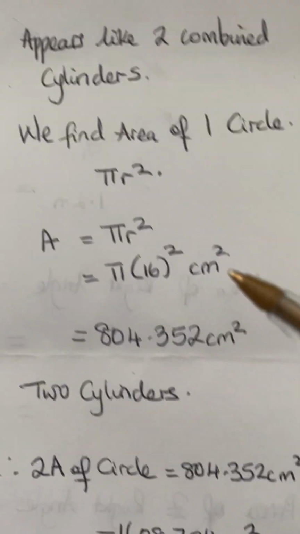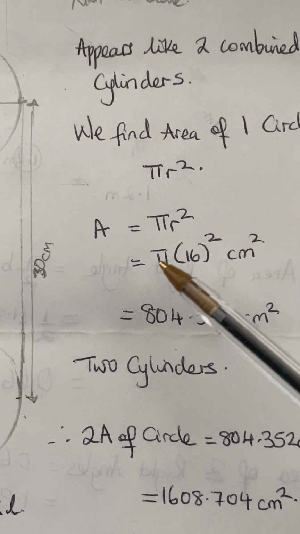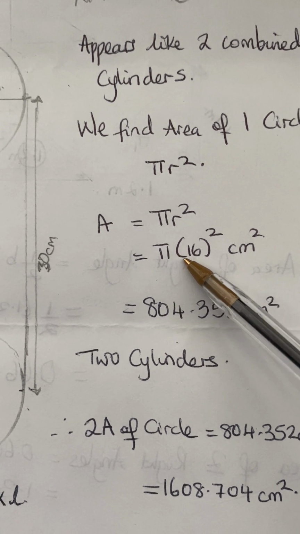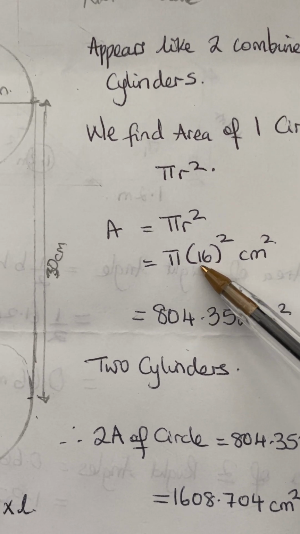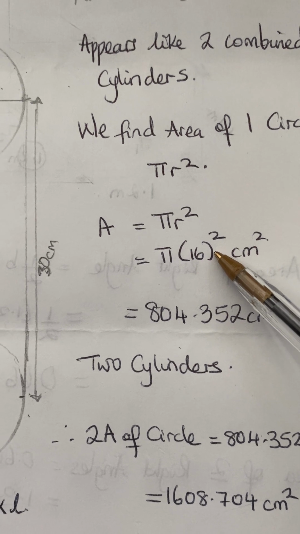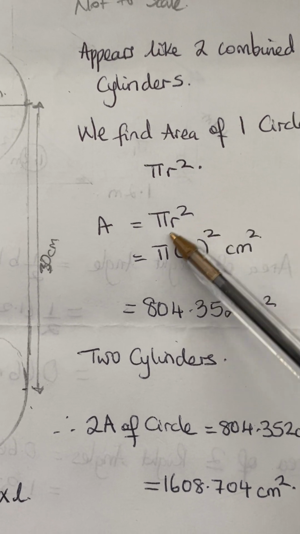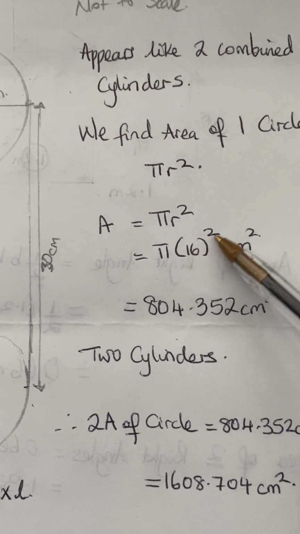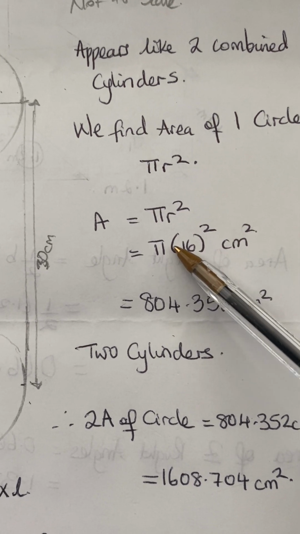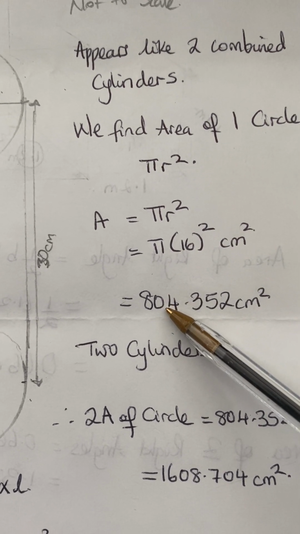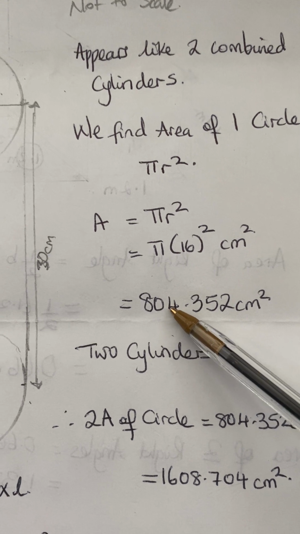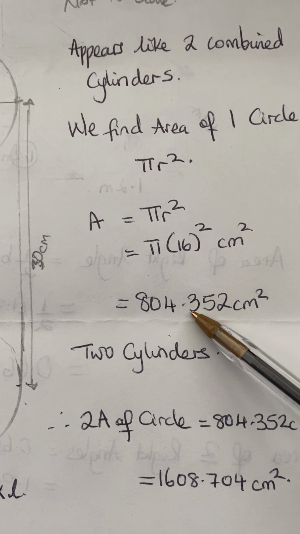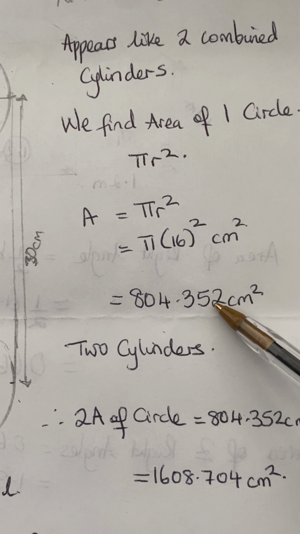So now the area is pi r squared. If you do this correctly, if you square 16 and multiply by pi, you should get 804.352.